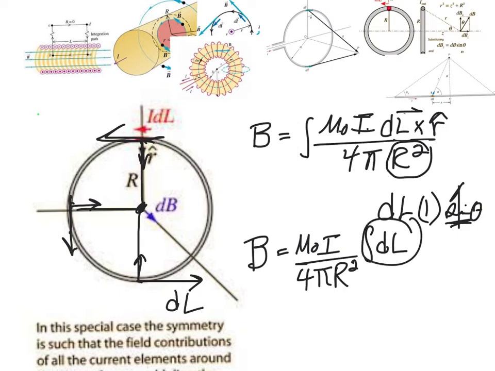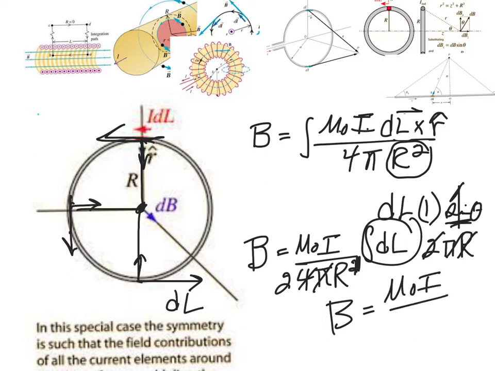So the integral of all the dl's is 2 pi r. So that leaves that 2. The pi's cancel. One of the r's cancels one of these r's. And you see the only thing that's left over, this is the equation on your equation sheet, is mu naught I over 2r.